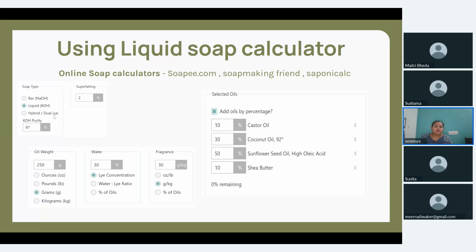So I cannot use the same 90 percentage pure KOH calculator, because it will give me a wrong calculation. That is why I chose these three calculators: soapy.com, Soap Making Friend, or SaponiCal.